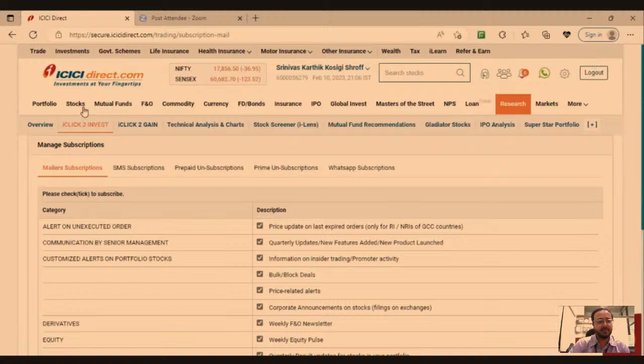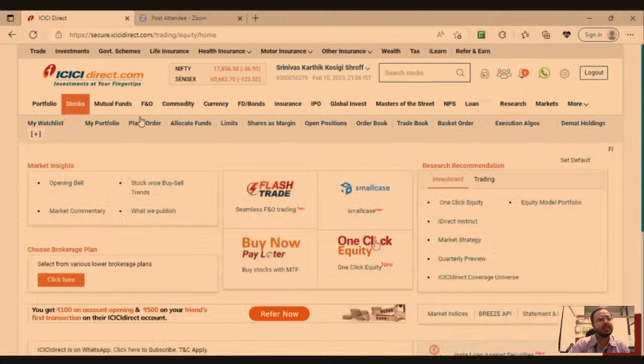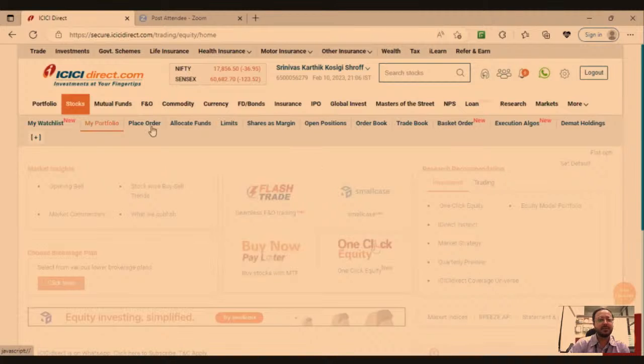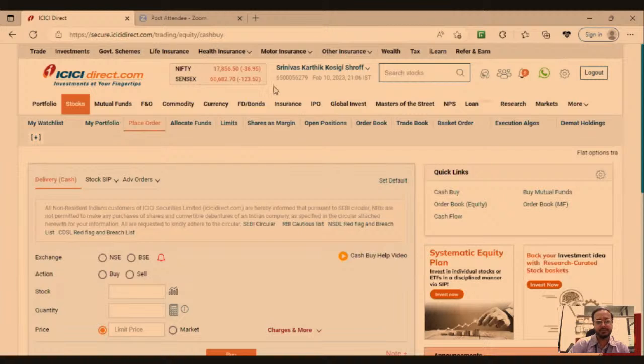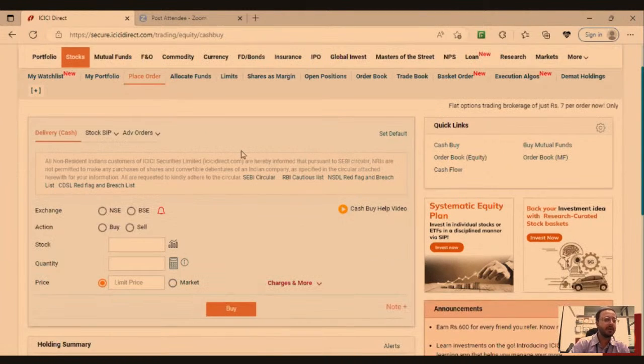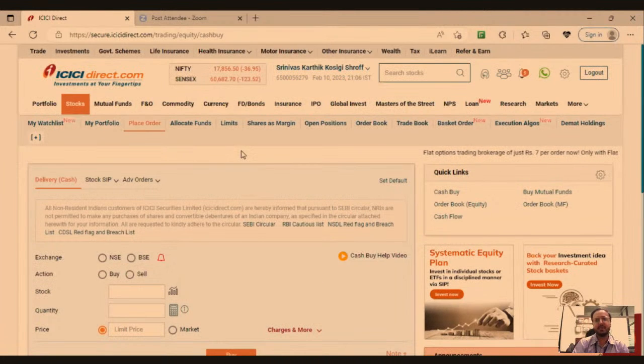And besides this, this is the part that I wanted to explain on the platform, basically on how to place an order in equities, because for customers in US and Canada, mutual fund and IPO is restricted. So I genuinely cannot give a demo of that. Currency and commodity is also restricted, right?